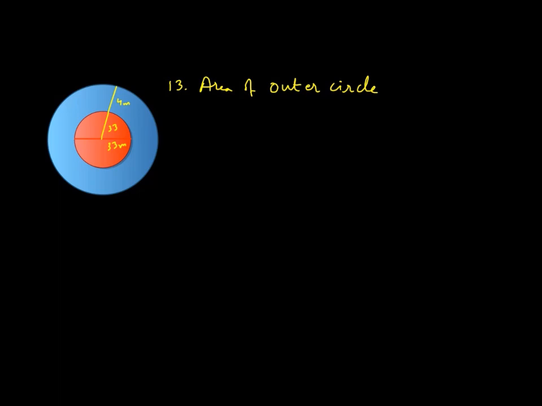This circle will include the inner circle as well. So area of the outer circle is pi into r square, and we have seen its radius is 37 meter. So this becomes pi into 37 square.